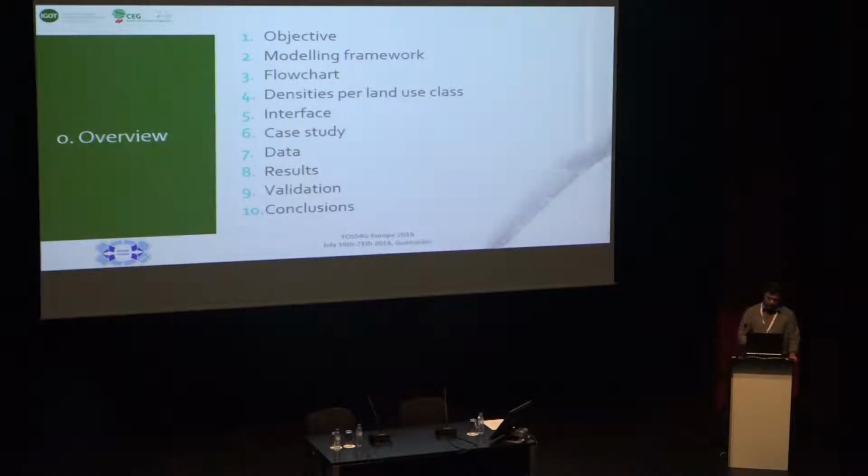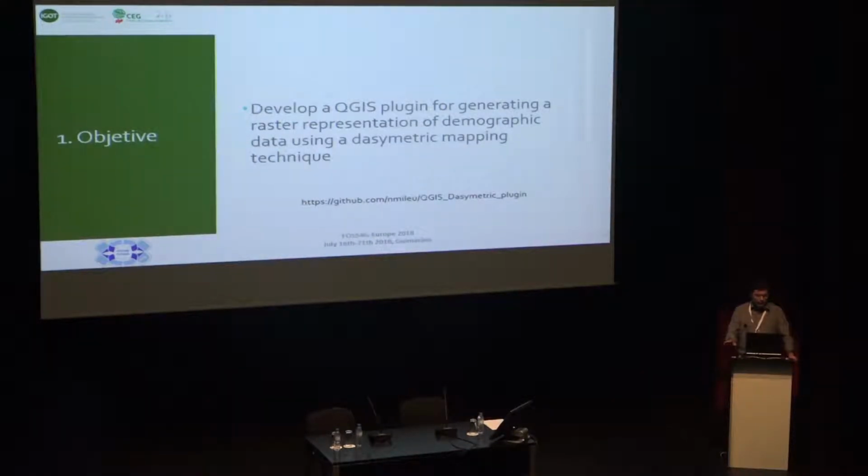Okay, let's start with the objective that is, as I told you, to make this raster representation. And another point is that you can download this plugin to use with your own data. Okay? Now I'm going to show you our solution. It's not the only solution.